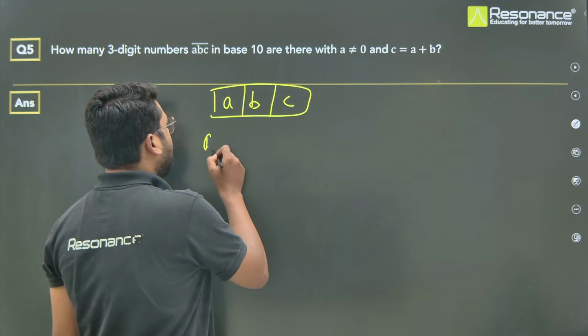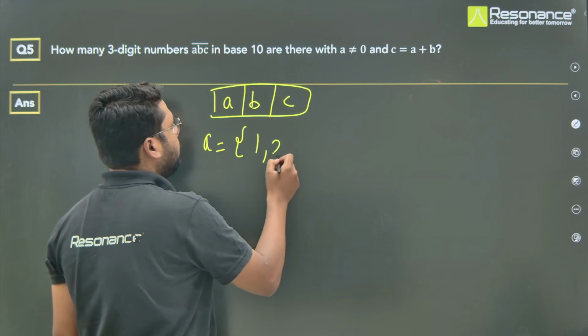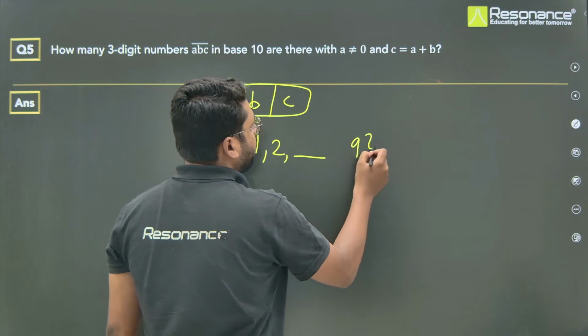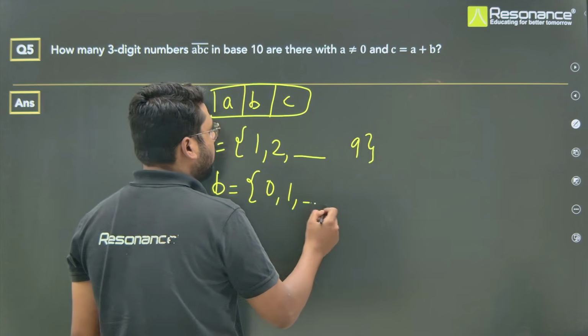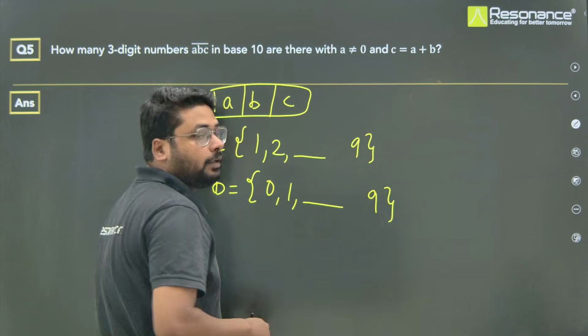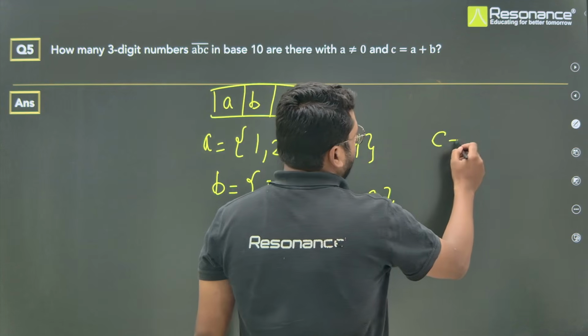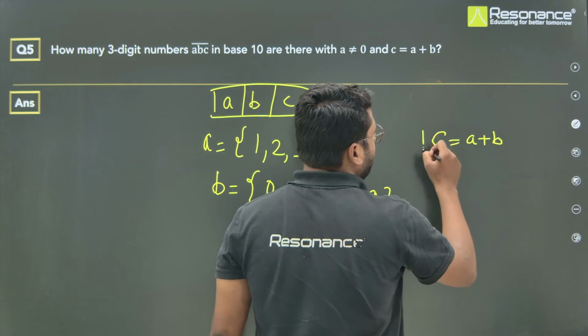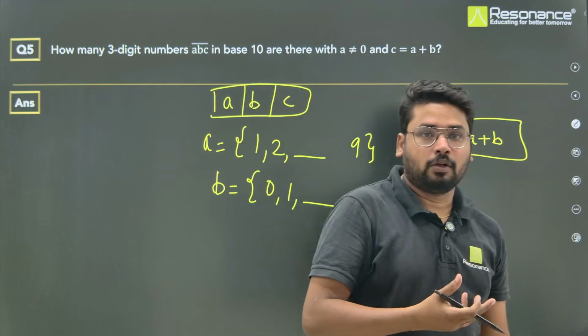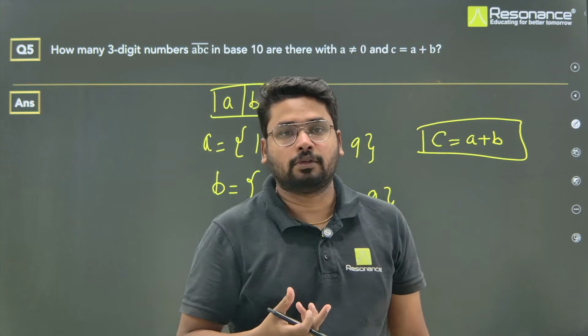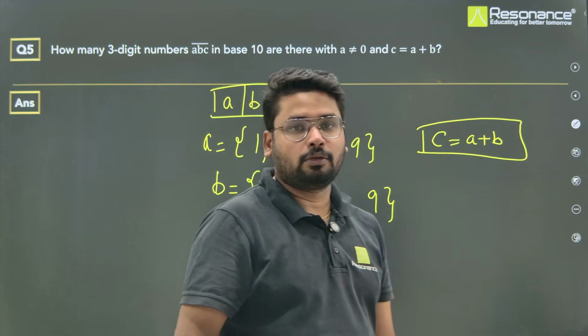So we can take A from 1 up to 9. For B, there is no condition, so B can take values from 0, 1 up to 9. And C is dependent on A plus B. So obviously C also varies from 0 to 9.